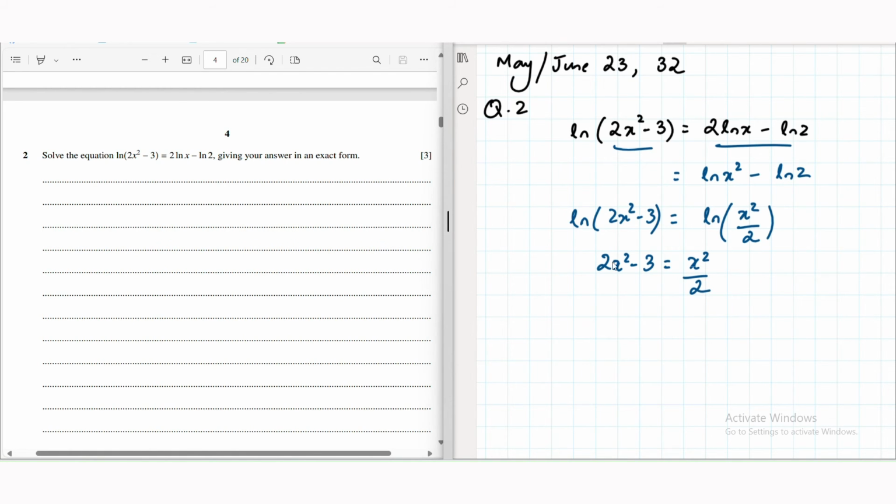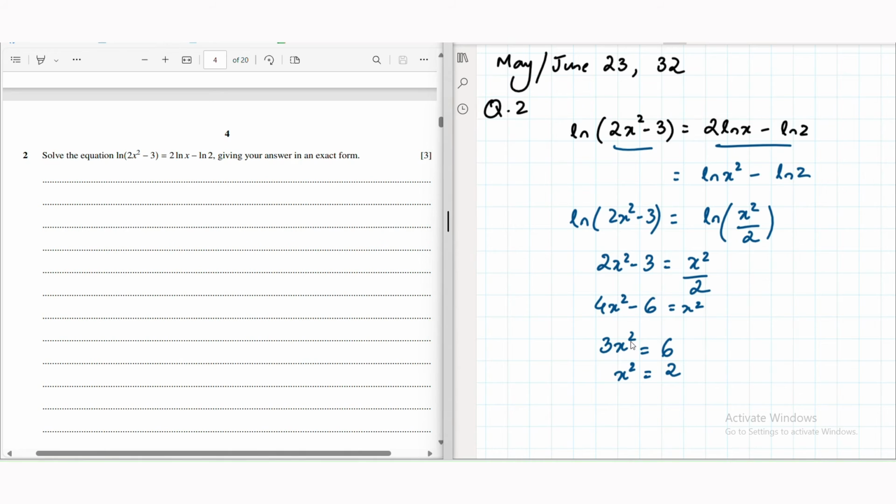We simplify, multiply both sides by 2, we would get 4x squared minus 6 equals x squared. x squared comes on this side, 6 goes on the other side, so this becomes 3x squared equals 6, and that would get us x squared equals 2.